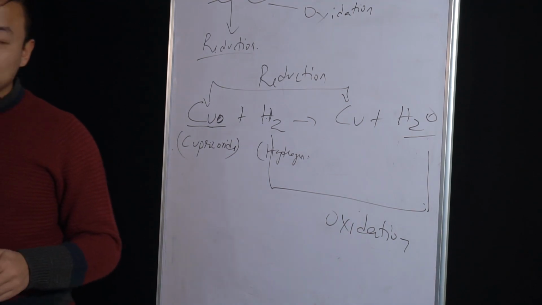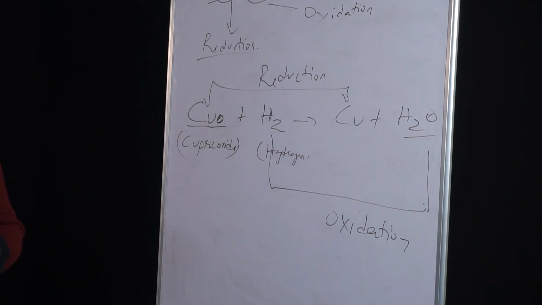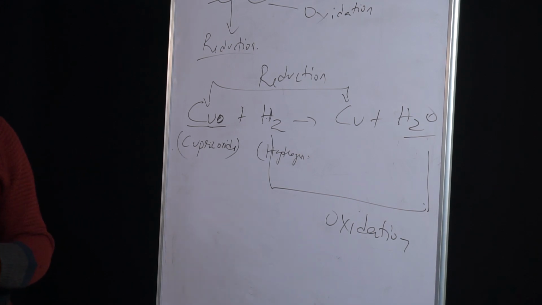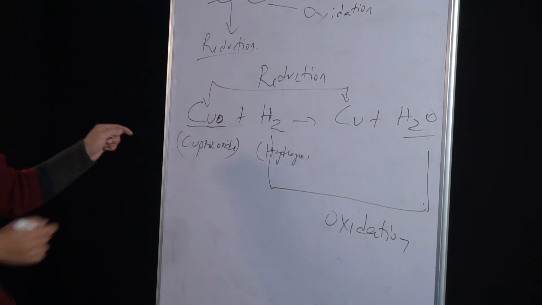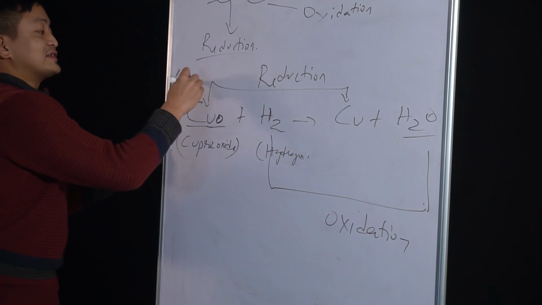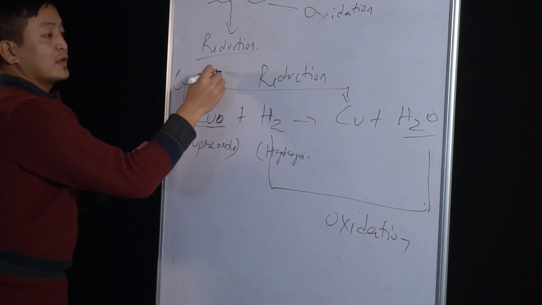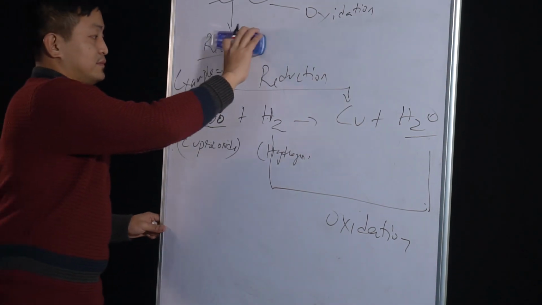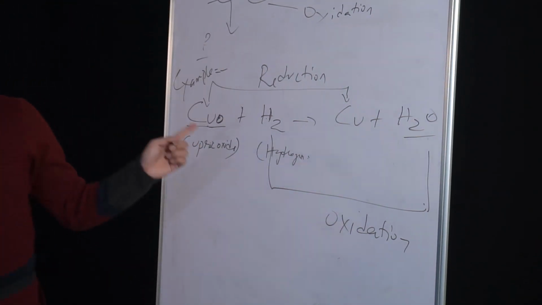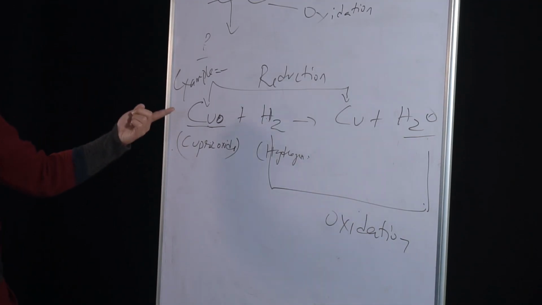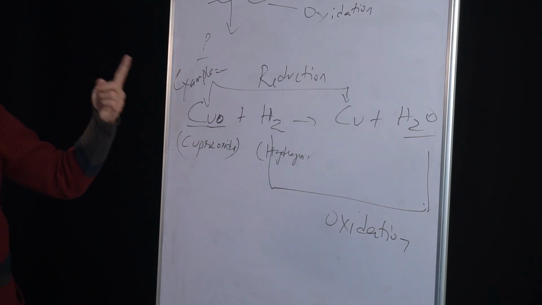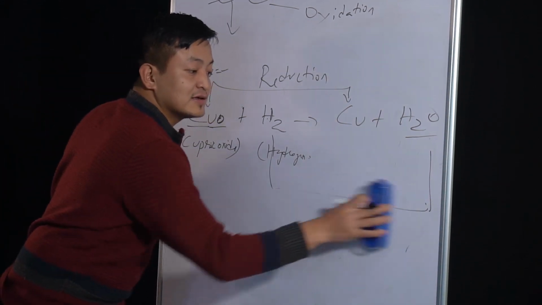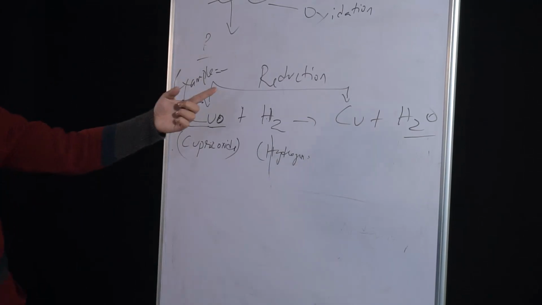The definition for redox reaction is those reactions in which reduction and oxidation take place at the same time or simultaneously. So you can write this as example for redox reaction. The same example you can write for reduction as well, but whenever you write for reduction, don't show this, you can just show like this.